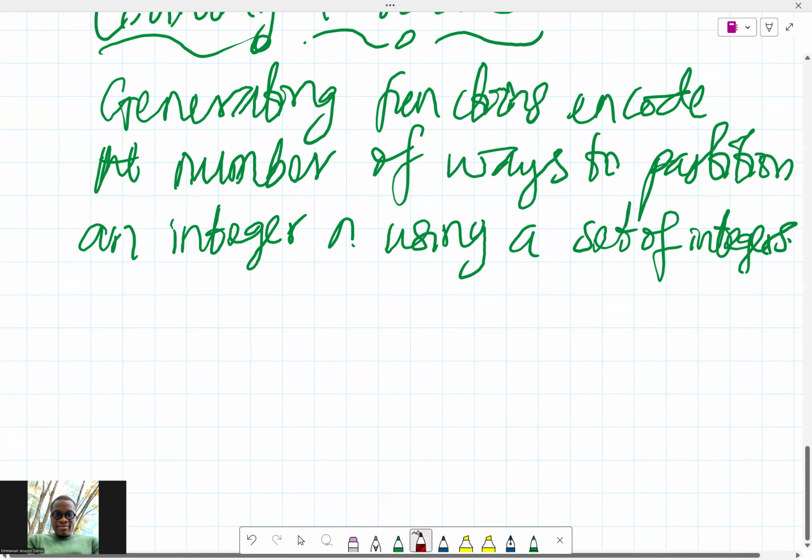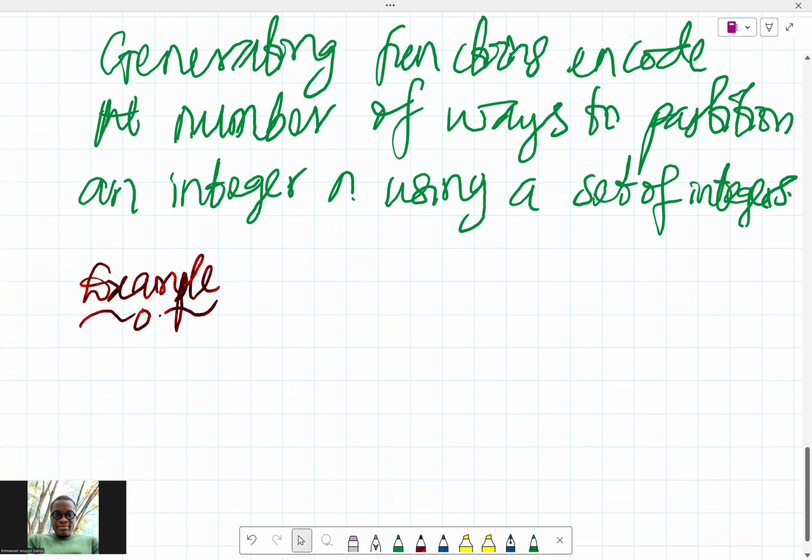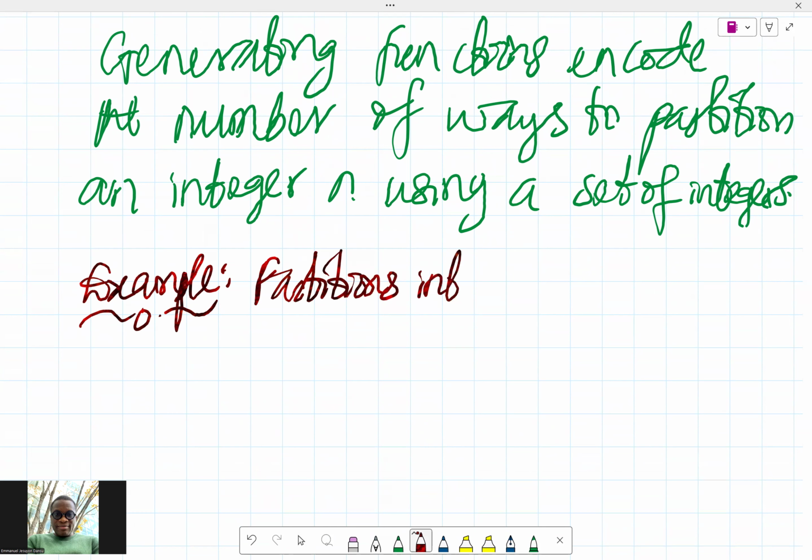We can have an example in that case, which talks about partitions into distinct parts.